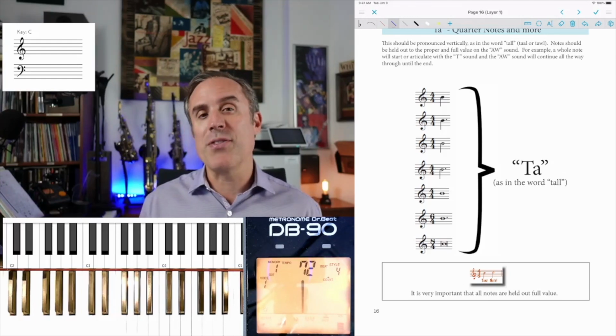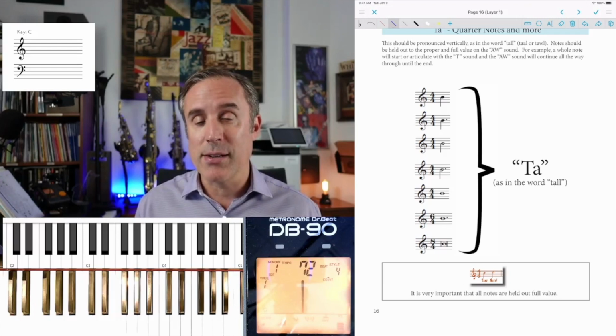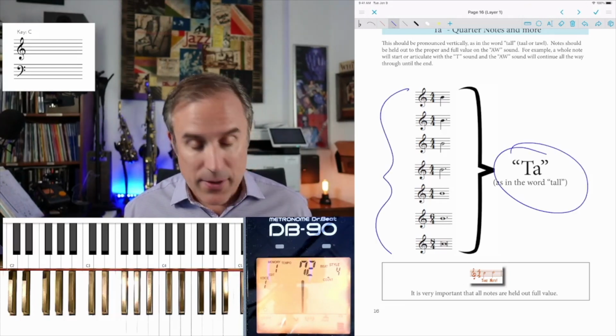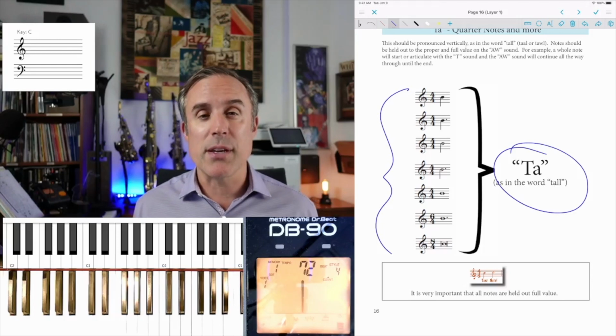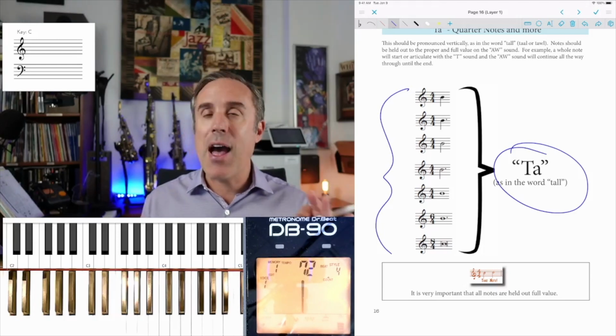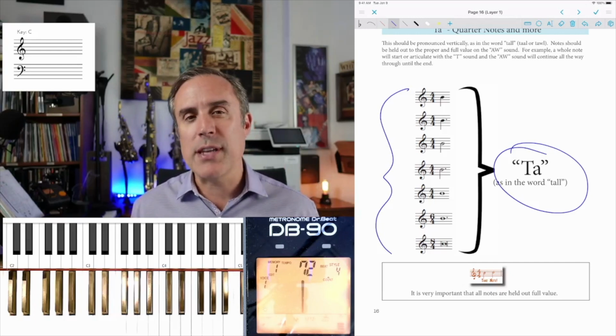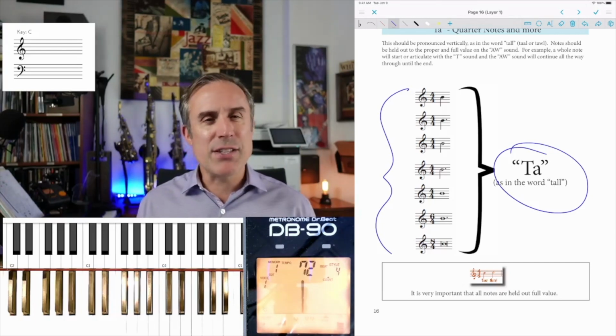The important part with this syllable is for students to understand that ta lasts for a quarter note all the way down to the longest note that you could possibly sing in any given time signature. I have tried the ta, 2, 3, 4, for example, for a whole note, but I realize that's still too much.